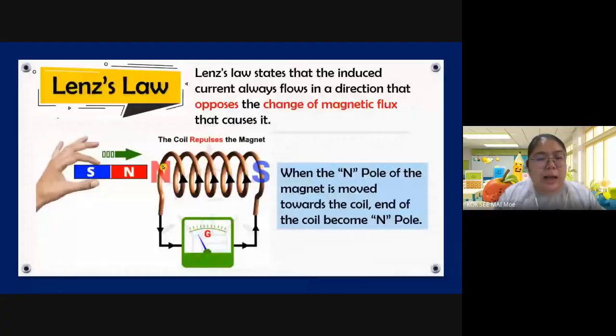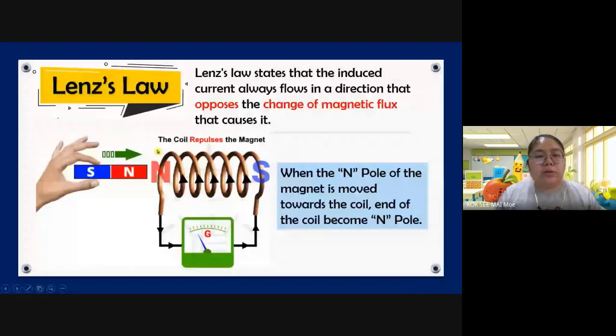So here becomes north, and then here becomes south. Because of north and south, we know how the induced current flows. How do we know the induced current flows? We are just talking about north and south only, but we still need to know how the current flows.